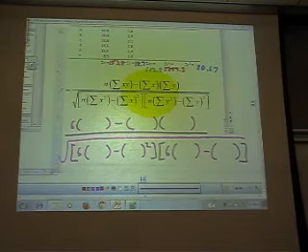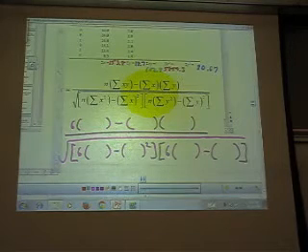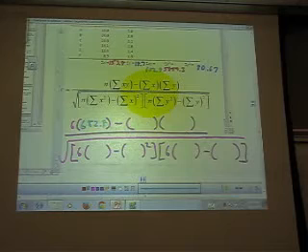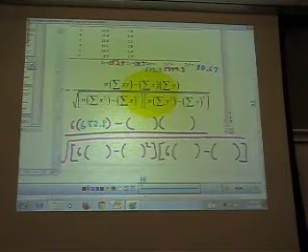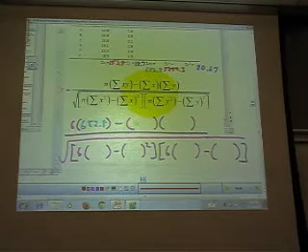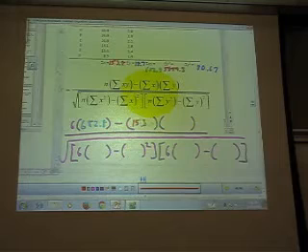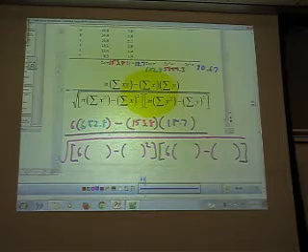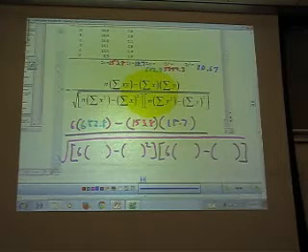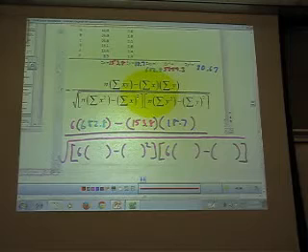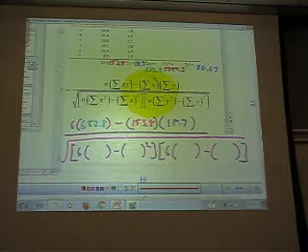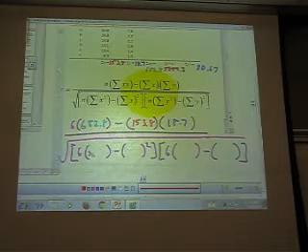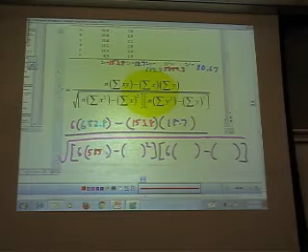Let's see, x times y, that's 682.8. Sum of the x's, 153.8. Sum of the y's is 18.7. Sum of the x's squared, 5859.3.